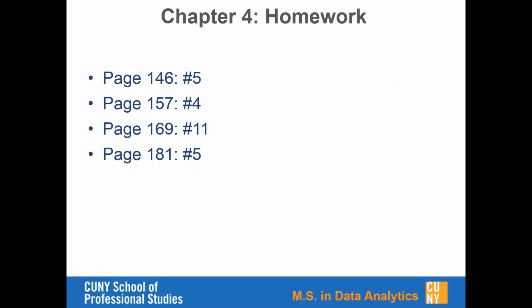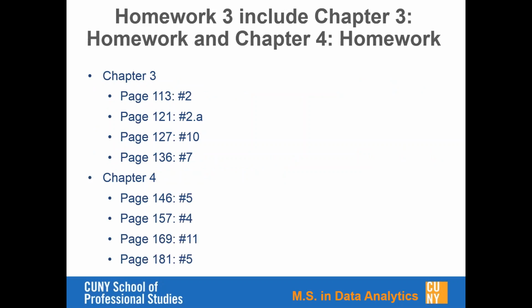These are the homeworks for chapter 4. And then, as I mentioned just now, homework 3 includes chapter 3 and chapter 4, so you only need to pick 3 out of this list. You don't need to pick more than 3. So you can pick 2 in chapter 3, maybe 1 in chapter 4, or the other way around.